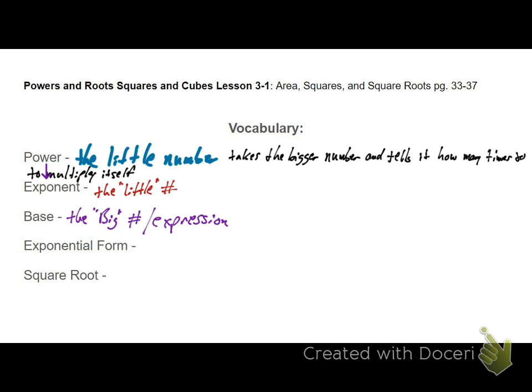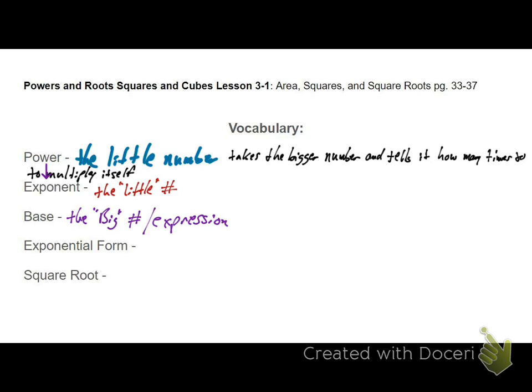At some point before I'm done with you this year, you're going to have a letter mixed with another operation and a number that also will be used for a power with an exponent. So it's not only a number, it's also potentially going to be an expression down the road.